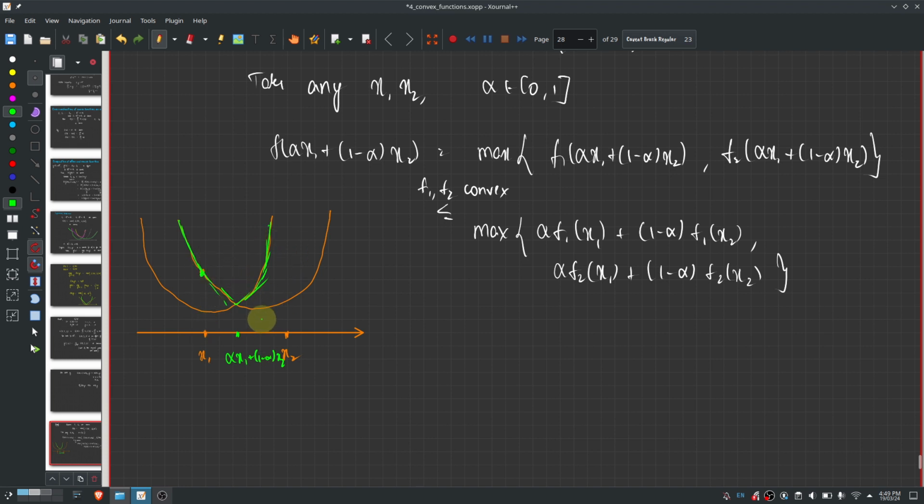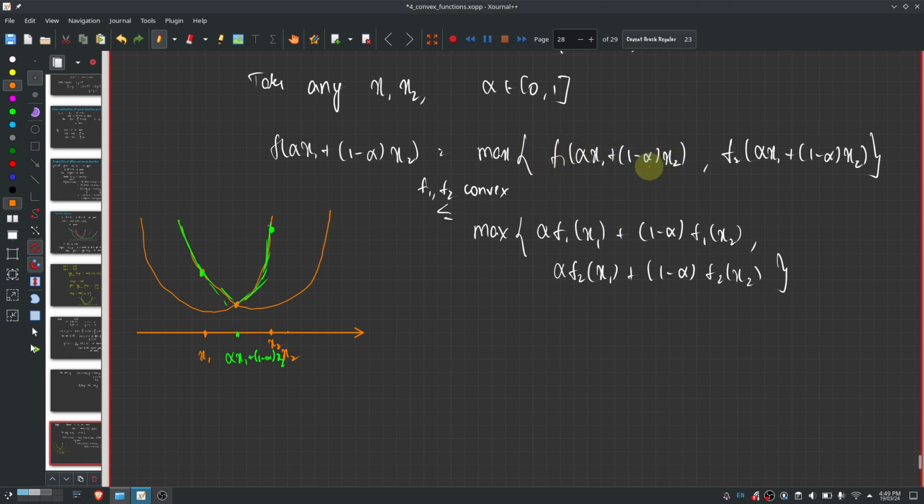This is f of x1, and this is f of x2. So f of alpha x1 plus 1 minus alpha x2 would be this particular point on the green curve.